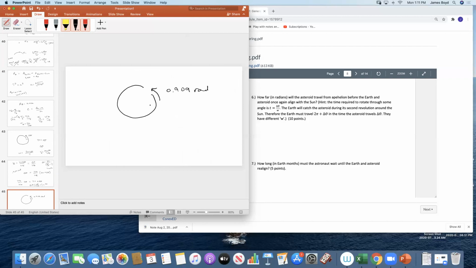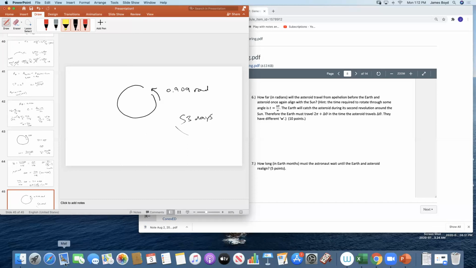So 0.909 divided by 2 pi is basically 0.14 of a year times 365 is 53 days. This is about 53 days. That means it's going to take about a year and 2 months for the Earth to catch up to the asteroid again, passing the asteroid again. That is about 14 months, which means if you were this astronaut, you would be trapped on the asteroid for 14 months before the Earth came back by again.